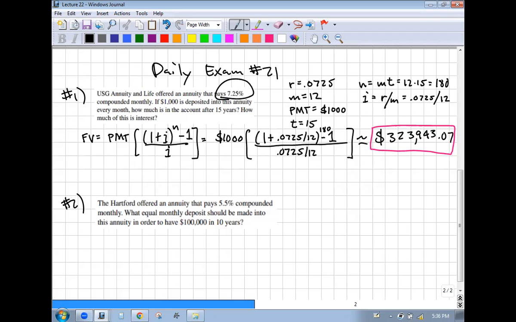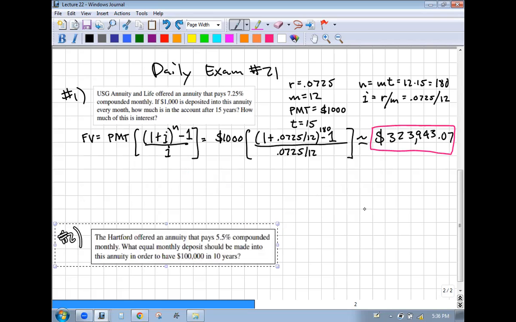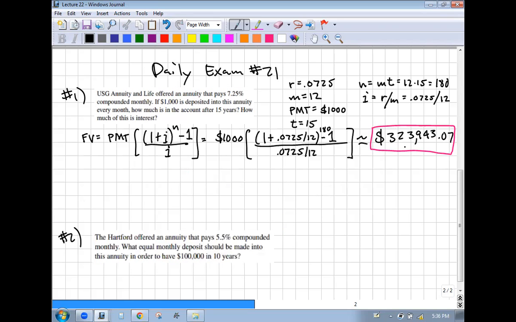Plus I'm collecting interest. So this number at least needs to be bigger than $180,000. If you get like 13,000 there, you know you did something wrong. The future value of a $180,000 investment should be more than 180,000. If you get like 323 million, that's probably too much, right?